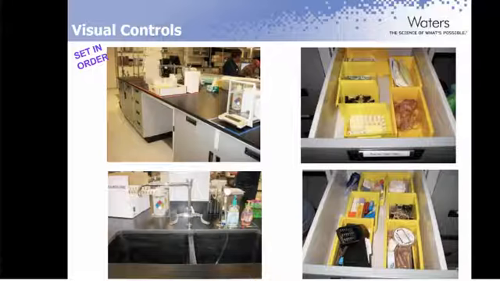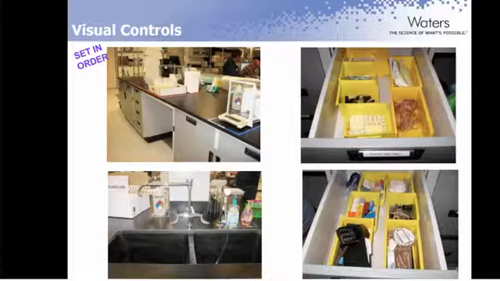If you look at that, you can see an actual balance there with tape around it. Well, somebody, and we've seen this before, will grab somebody's balance, move it to another bench, and never bring it back. So now with everything outlined and labeled, we know where things are supposed to go. You can look at the hand soap in the lower left-hand corner. Hand soap, DI water, everything's identified, everything's in that spot.